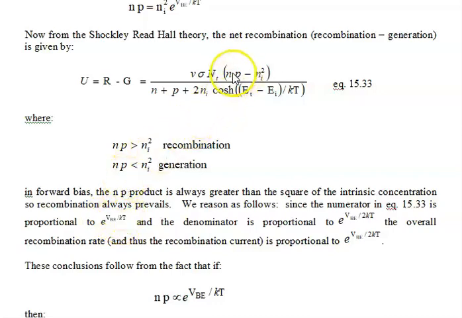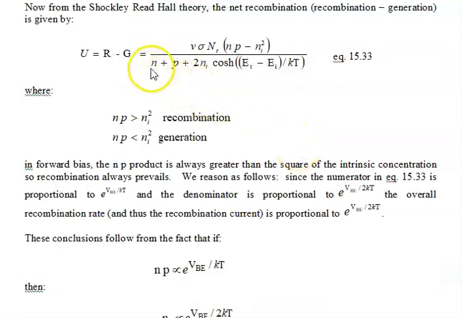So this guy goes like e to the voltage divided by kT, but here it's to the first power. So the first power would be just like we had for high-level injection. This would be e to the voltage divided by 2kT, because it's the square root. So for very low values, this term predominates because we don't have enough energy to overcome the barrier, so we have a tendency for generation.